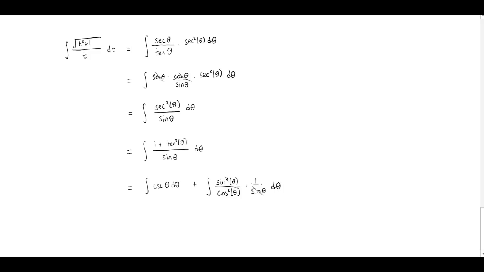And so I think we're left at a point where we can evaluate our 2 integrals. So integral cosecant, and then here we have sine over cosine squared. All right, good.